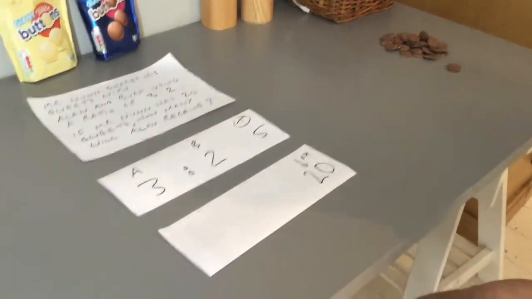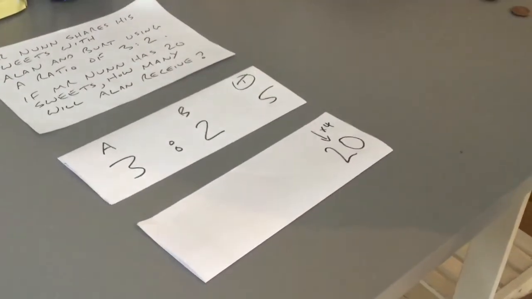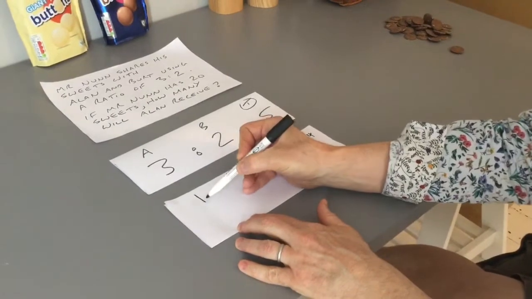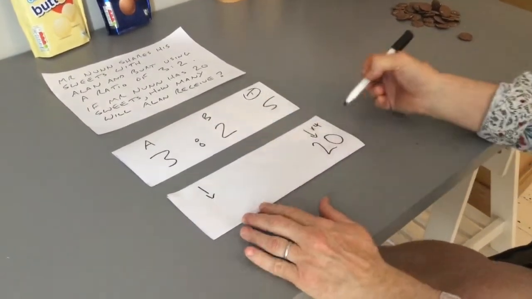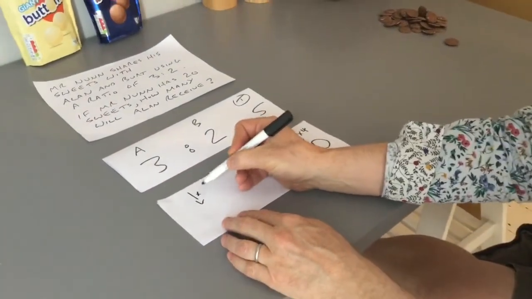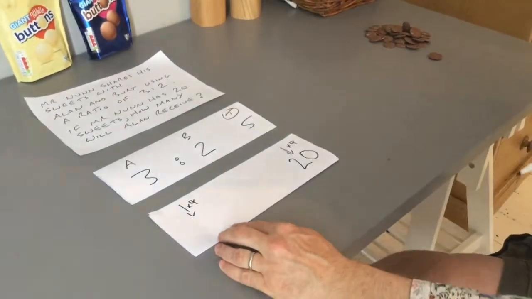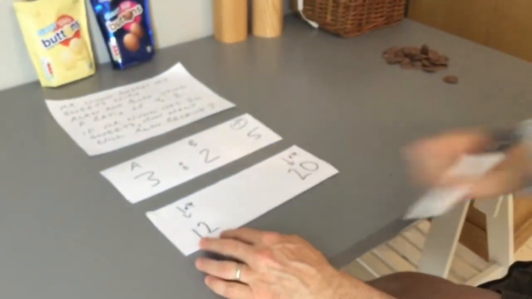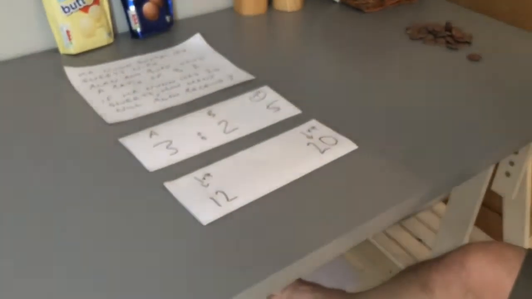So the question is, how many sweets will Alan receive? Alan has 3 under the ratio, but because the total is 4 times bigger, Alan's going to receive 4 times more. So Alan will receive 3 times 4 sweets, which is 12. Now the question doesn't ask this, but we can have a look at how many sweets Bert gets.